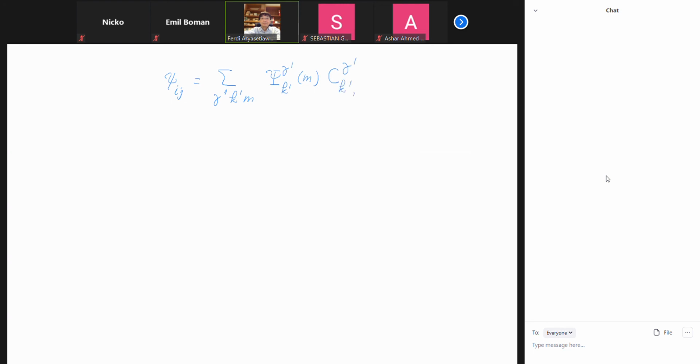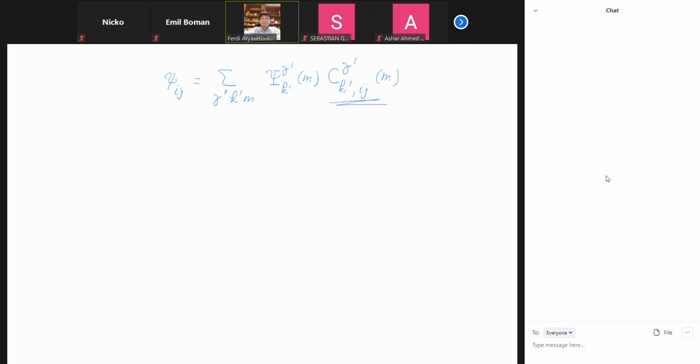There are various ways of writing the Clebsch-Gordan coefficient, so this is not necessarily a standard way. It's just my own notation here. We just have to keep in mind that in other books it may be different. Everybody seems to have their own favorite way of writing the Clebsch-Gordan coefficients. So these are just the Clebsch-Gordan coefficients.